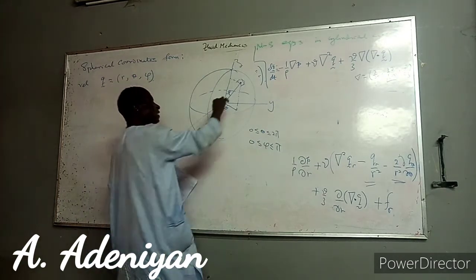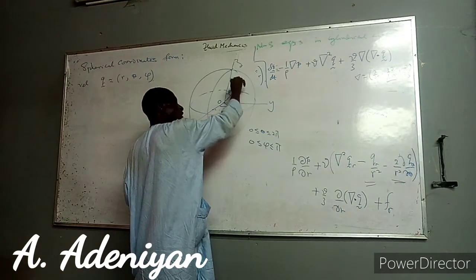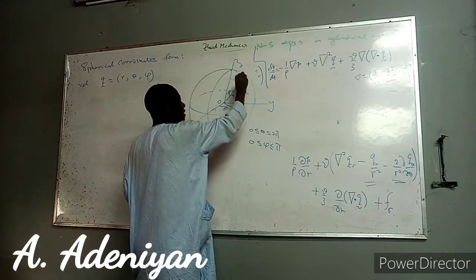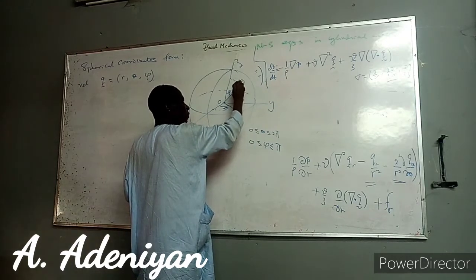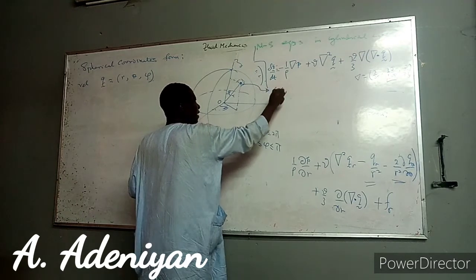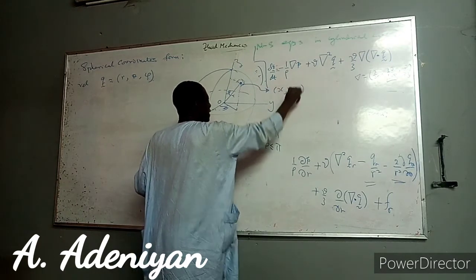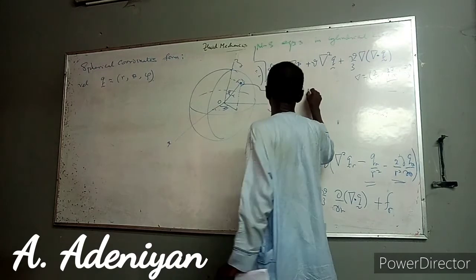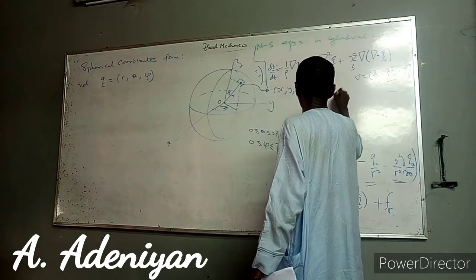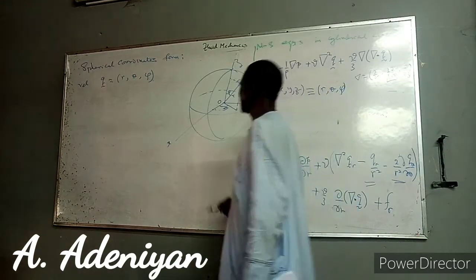So if the distance from here to the patch on the surface is r, then the position vector, which was formerly in terms of x, y, z, now translates to the vector r, theta, phi. That is the spherical coordinate system.